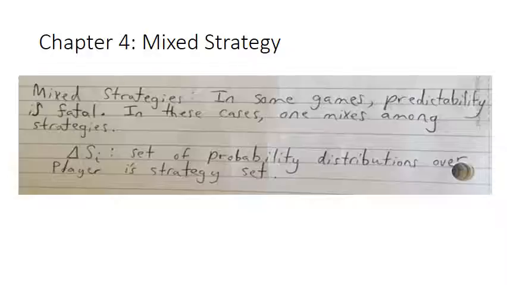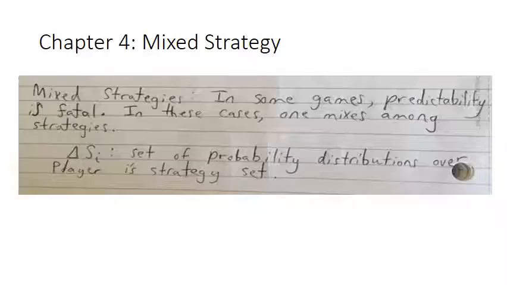Alternatively, player i could choose fastball 70% of the time, breaking ball 30% of the time, or fastball 60% of the time, breaking ball 40% of the time. These are all possible probability distributions over the pitcher's strategy set. And analogously, the batter has to anticipate, has to kind of time the fastball. So the batter has to choose a mixed strategy. The batter can't always time for fastball.